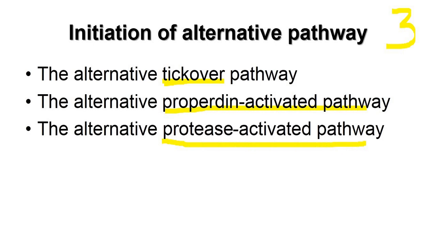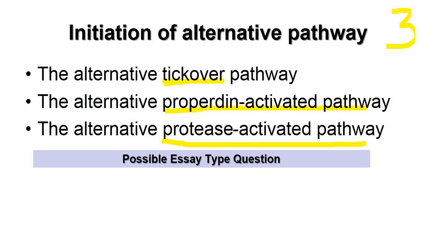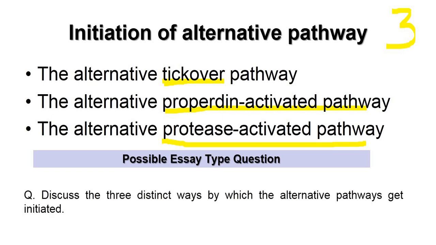This leads us to a possible essay type question, not a must, but it can be asked in examination: discuss the three distinct ways by which the alternative pathway gets initiated. If it is asked for 2 marks: Tickover pathway, properdin activated pathway, and protease activated pathway.